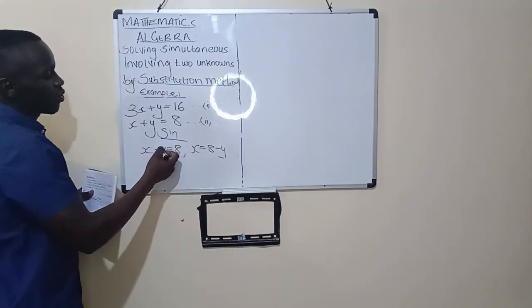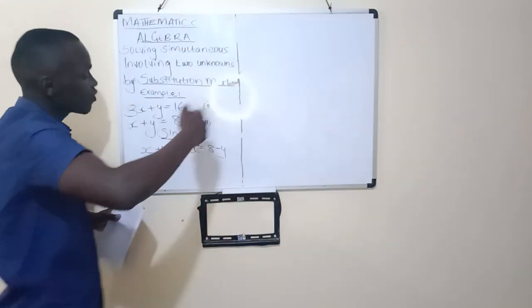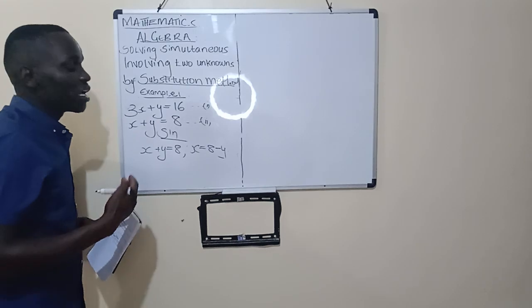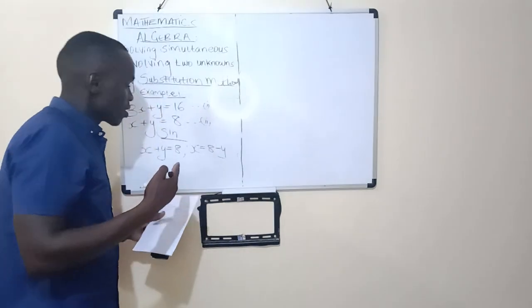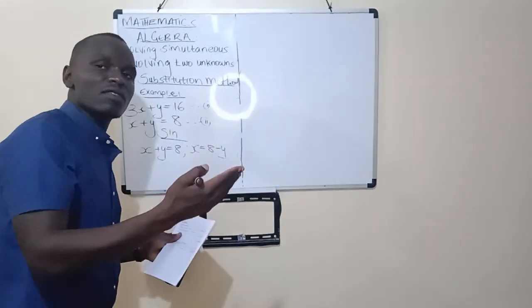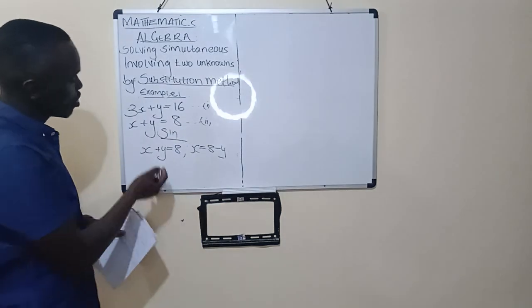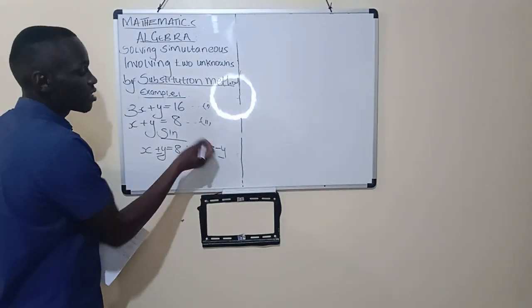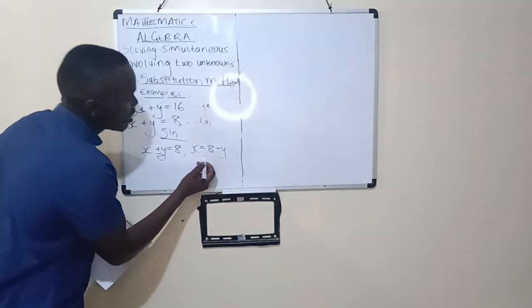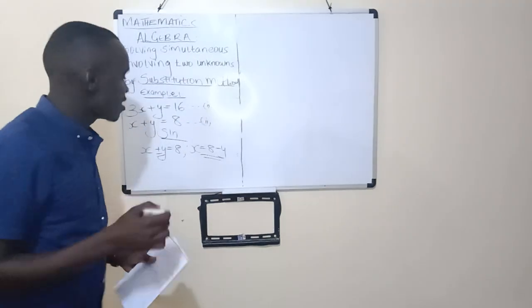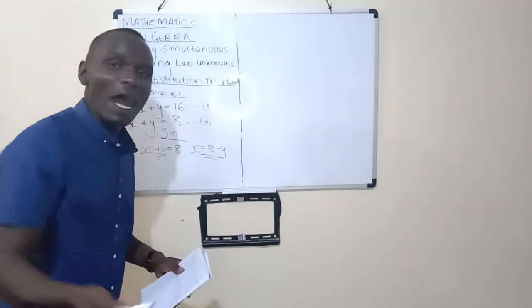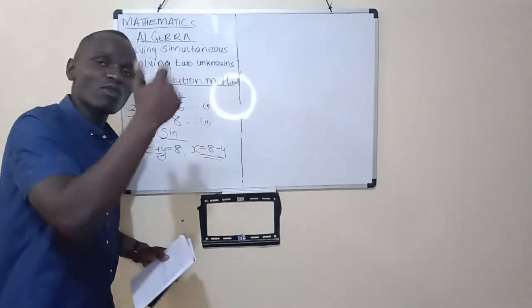Remember, we agreed that when the equal sign changes or shifts to the right from the left side, it changes. If it was positive, we will have a negative. If it was a negative, we will have a positive. So this one was positive. Now in this case, it is negative. Now from there, we have the value of x as 8 minus y. We have expressed x in terms of y.